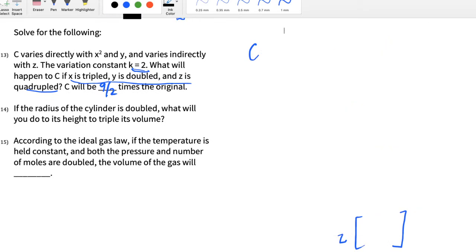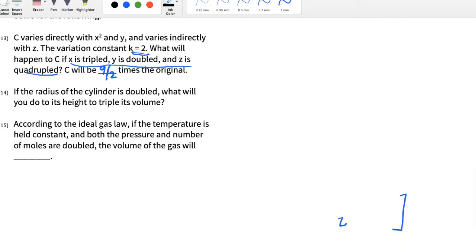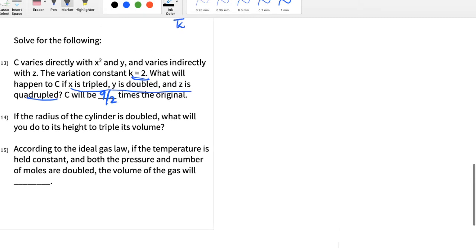Okay, we have, if the radius of the cylinder is doubled, what will you do to the height to triple its volume? Okay, so ano bang equation natin for the volume of cylinder? It's just equal to the pi r squared times height.